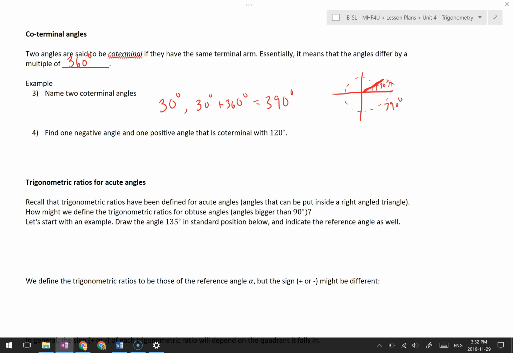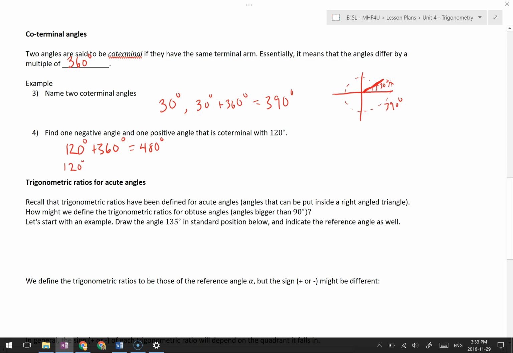Okay, so question 4. Find one negative angle and one positive angle that is coterminal with 120 degrees. So starting from 120, I can add 360 degrees to get 480 degrees. So that is coterminal with 120.